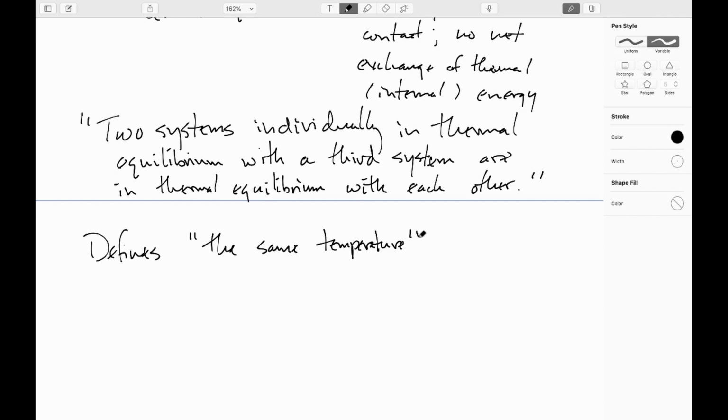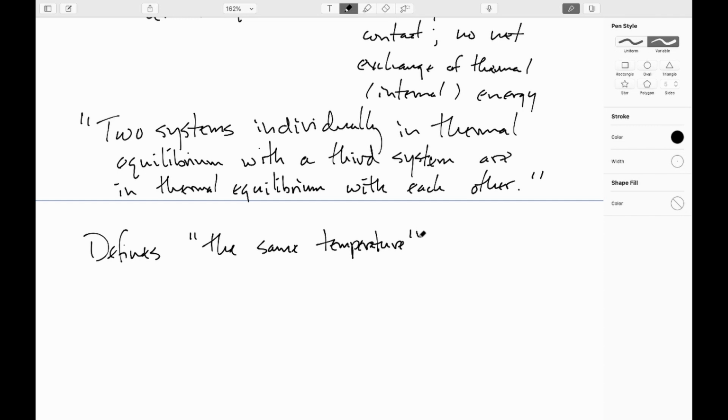And at that point, there's no more exchange of thermal energy between the water and the thermometer. If the thermometer, say, were too hot initially, the atoms in the thermometer on average would have been a little more energetic than the ones in the water, and so each time there was a collision between them, as we've seen before, the one with more energy loses and the one with less energy wins usually.